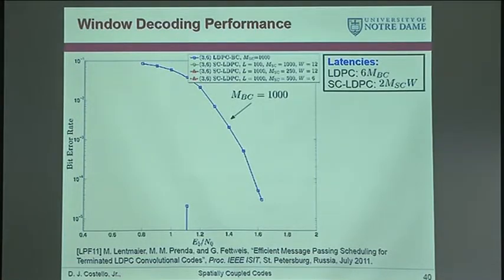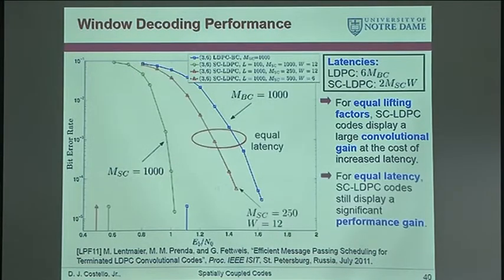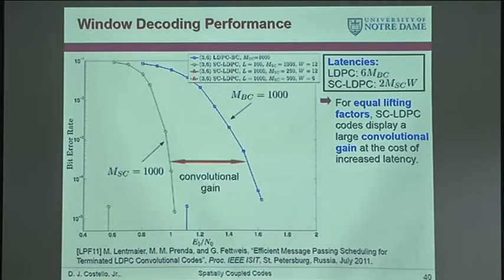So if we make this comparison on the basis of the same lifting factor, we get this convolutional gain. And this is the kind of comparison that I made earlier. Okay? We get a large convolutional gain. In this case, it's about 0.6 of a dB, but it can be more substantial than that. But the latency is much higher.